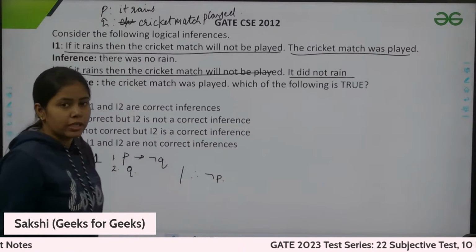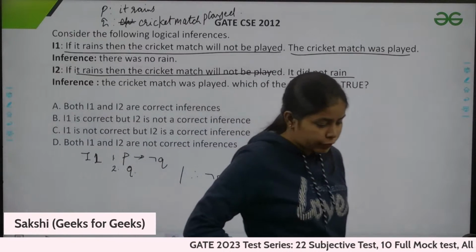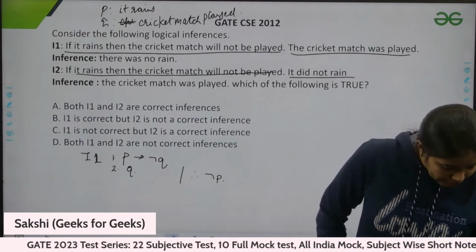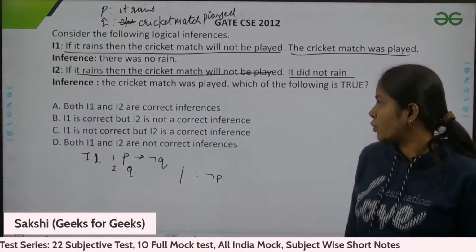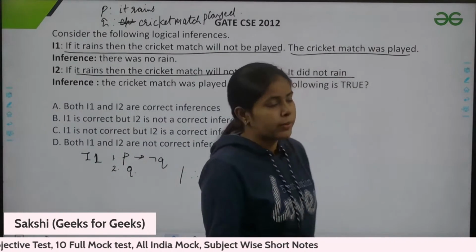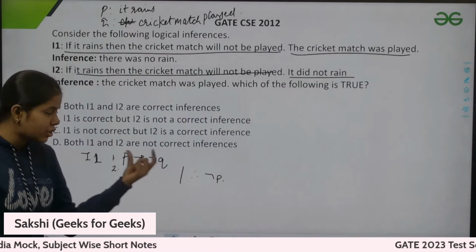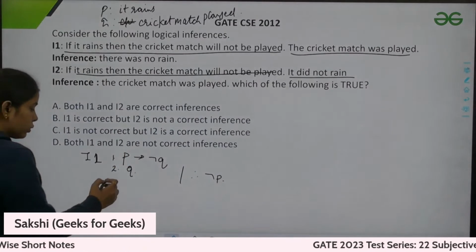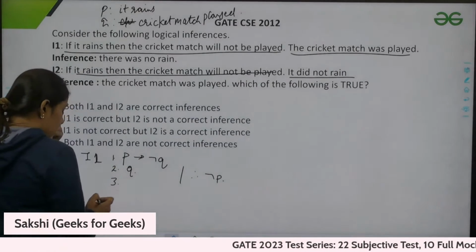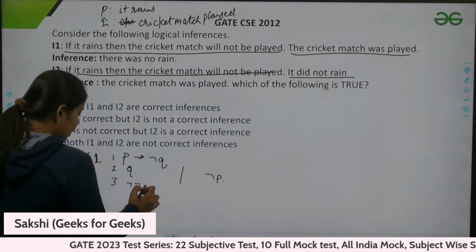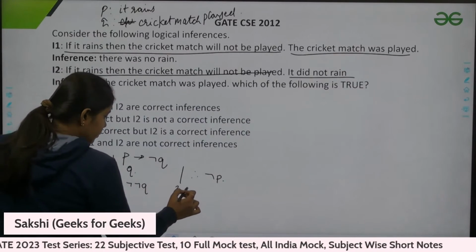So we have to check, using rules of inference, whether the statement is true or not. Right, Kavya? P implication negation of Q is our first premise. I have to check whether I can get negation of P from these two statements. If you remember, we have the double negation rule: I can apply double negation on Q from 2.